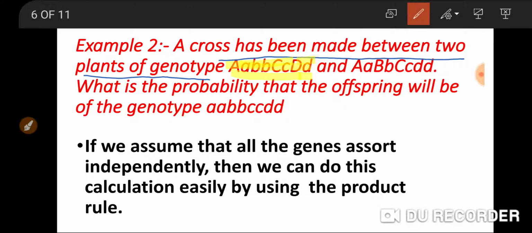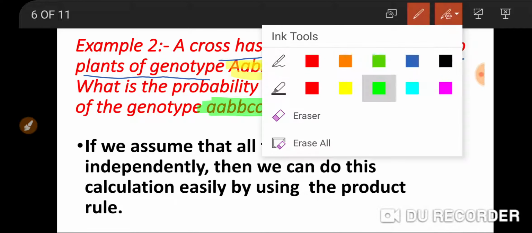So a cross has been made between these 2 genotypes, and you are asked what is the probability that the offspring will be of the genotype small a small a, small b small b, small c small c, and small d small d.